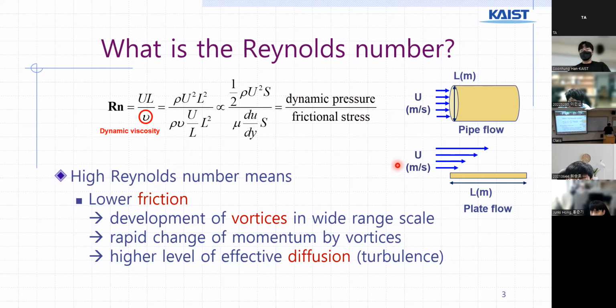When the fluid particles go through the plate or in the pipe flow, such as in the figure right here, if the dynamic pressure is large, it can overturn, so it can make turbulence. So it will convert from laminar flow to turbulent flow. High Reynolds number means lower friction, and it can develop vortices in a wide range of scales. This also means a higher level of effective diffusion.